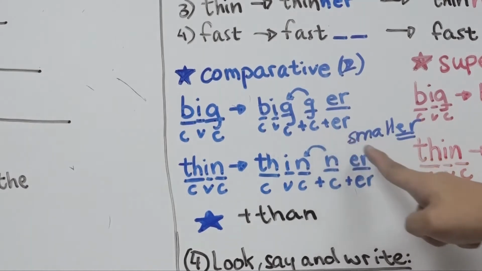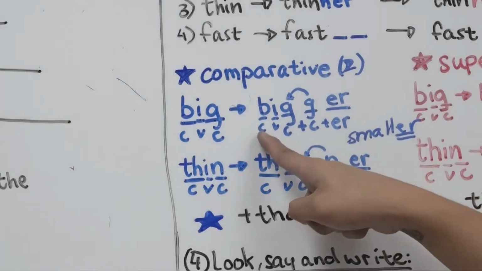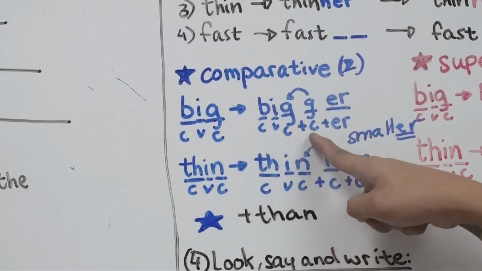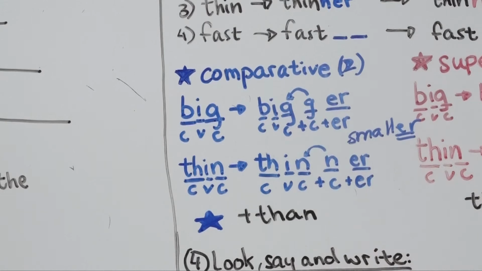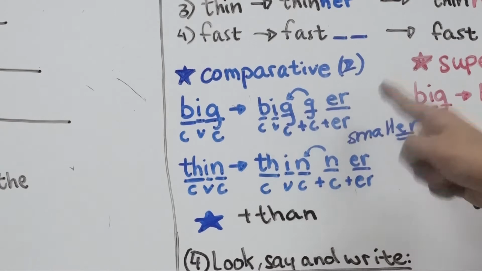This one, we only put ER in small, smaller. But when we have C, V, and C, we need to put another C. Which C should we put? Should I put down B, because we have B here? So big, burr.